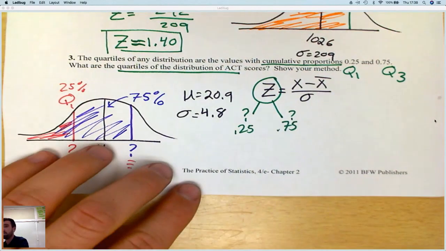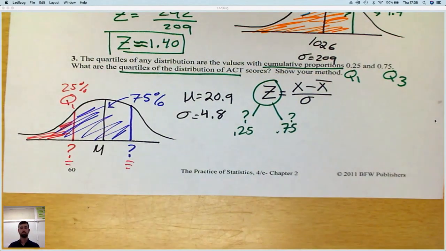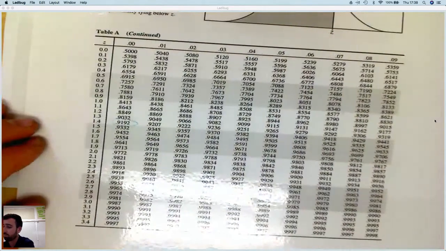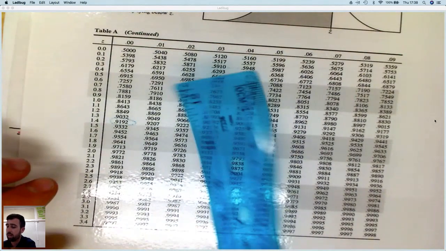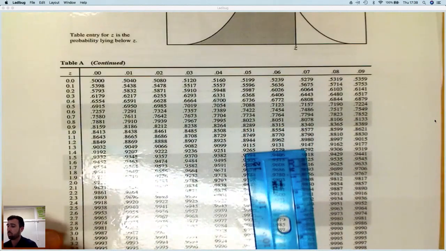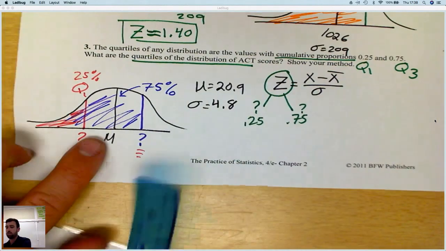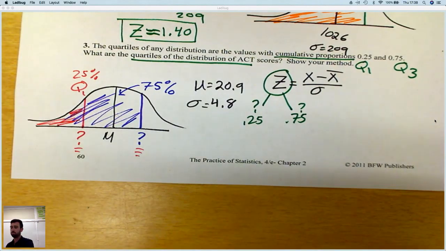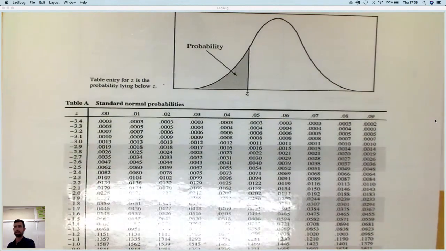So we're going to go back to our table to find out. So the 25th percentile is actually not going to be on this side of the data, because we know that the 25th percentile is actually below the average. So I'm going to flip this page over, and you're going to see a bunch of negative z-scores. This is a good time to tell you, negative z-scores mean it's below the average.